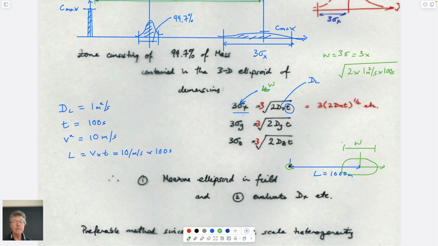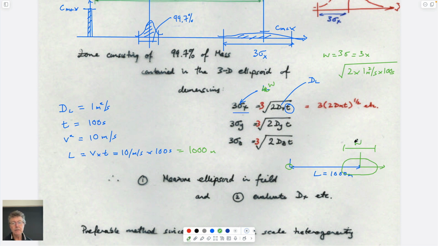So it started off here at time 0. You know from advection that it's traveled downrange 1,000 meters, and this is the center of mass of the plume. And relative to that plume, the length of it, upstream and downstream, is a total which is equal to 3 times the square root of 2 dl times time, which is this term here.